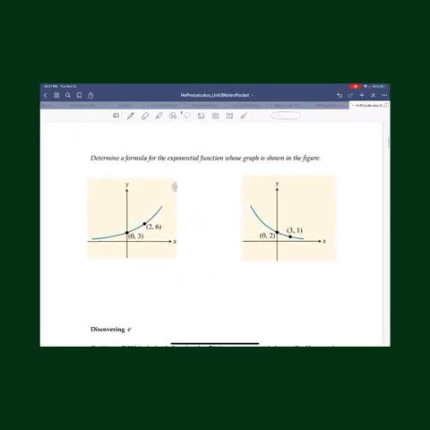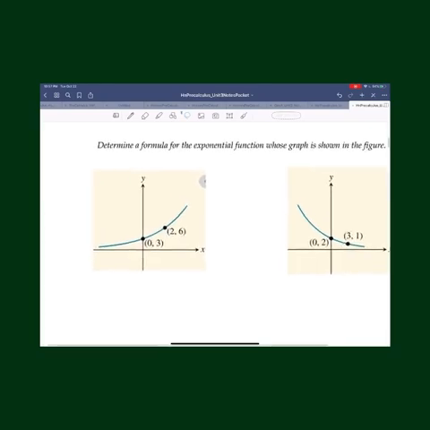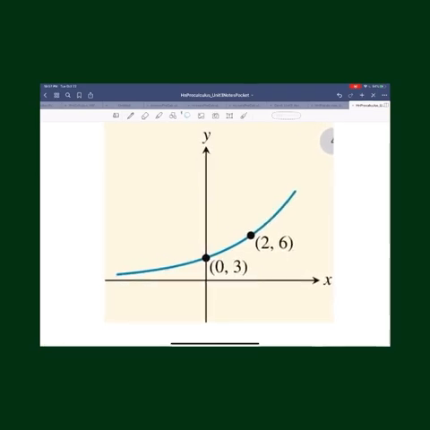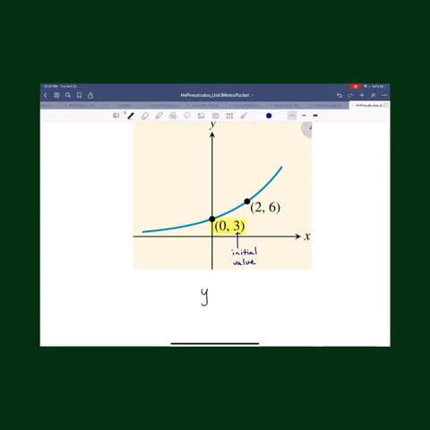So now let's determine formulas for the exponential functions whose graphs are represented below. So again, first what we'll do is identify the initial value. Because the y-intercept is (0, 3), we see that the initial value is 3. So I can start by writing y is equal to 3 multiplied by b to the x.